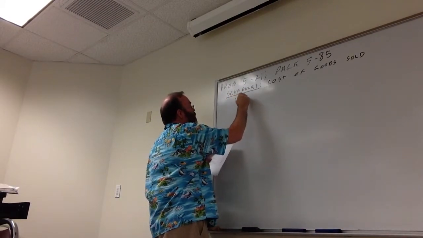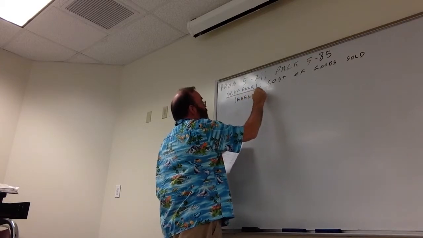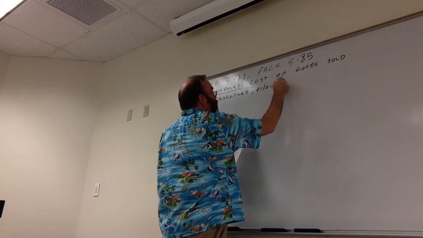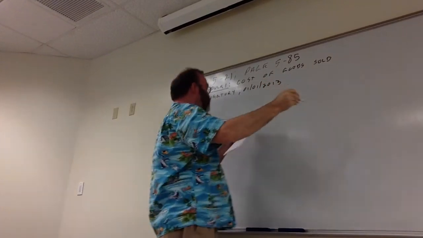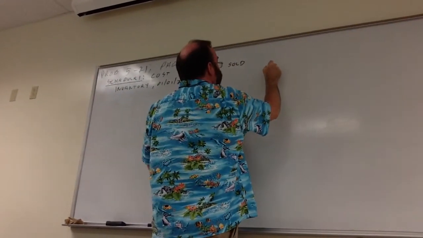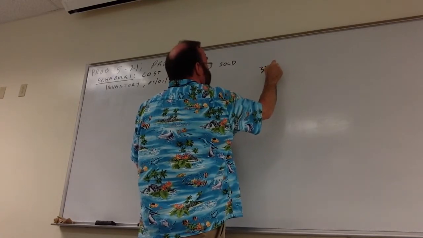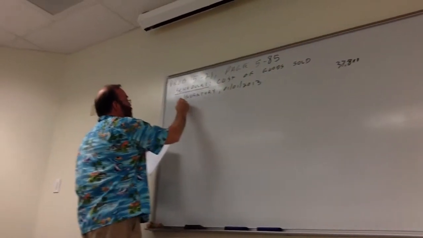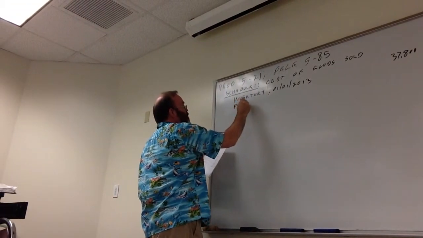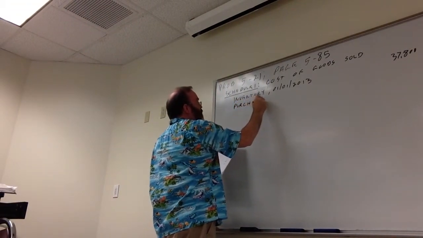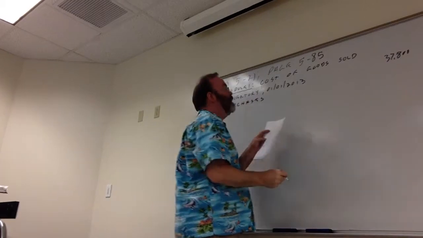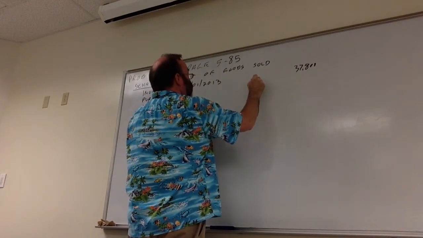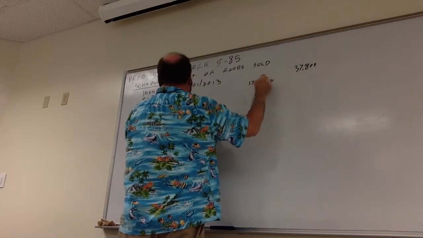Inventory on January 1 is $37,800. To that, we're going to add purchases. Once again, a periodic inventory system. 173,000.